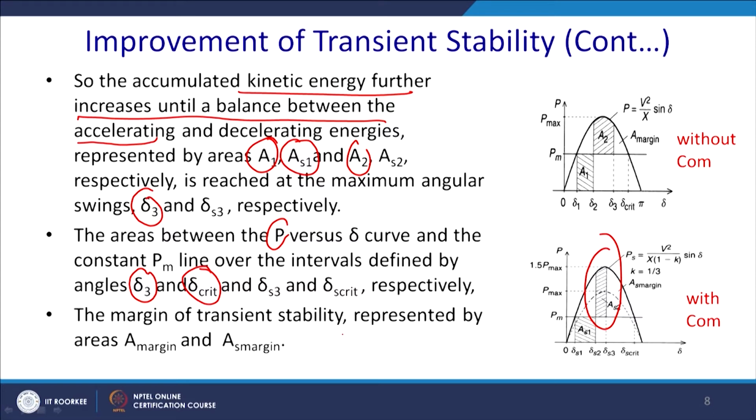The margin of the transient stability is represented by A margin without compensation, this one, and AS margin with compensation. So, this area is AS margin. We can see that it has enhanced the transient stability.